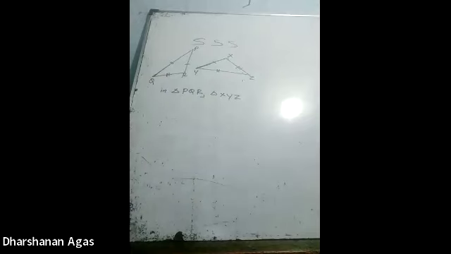In triangles PQR and XYZ, two marks show sides that are equal, three marks show sides that are equal. Which one?